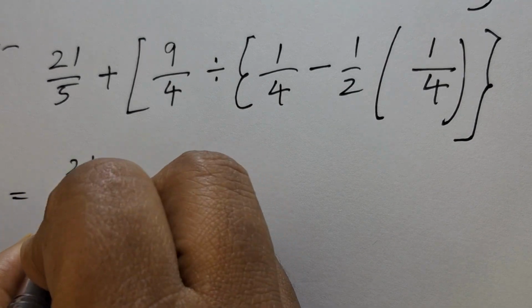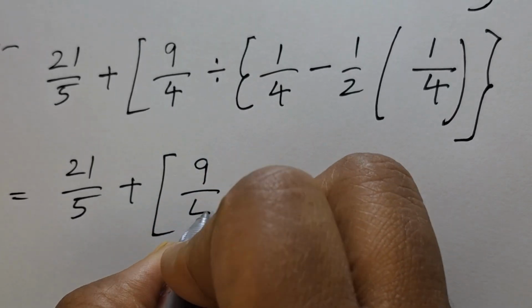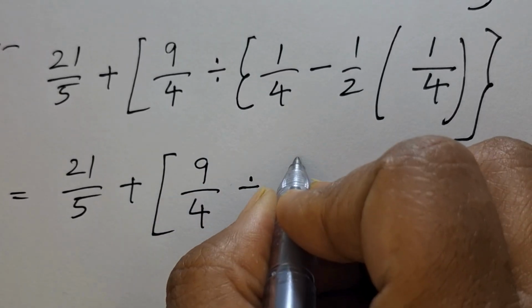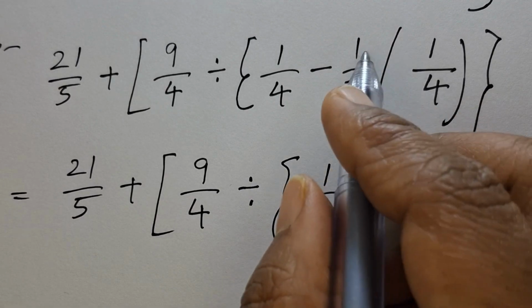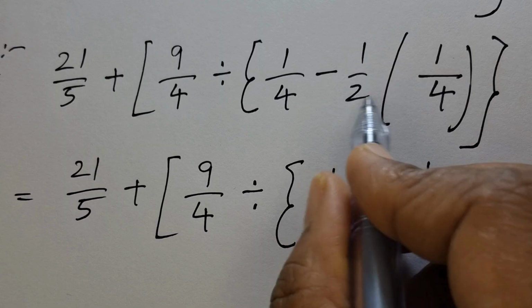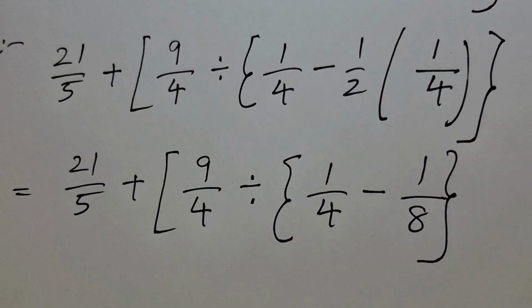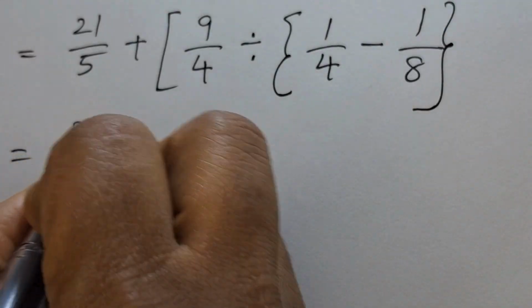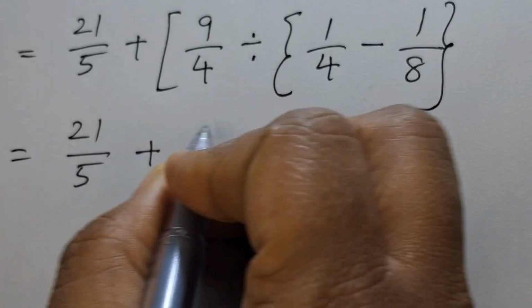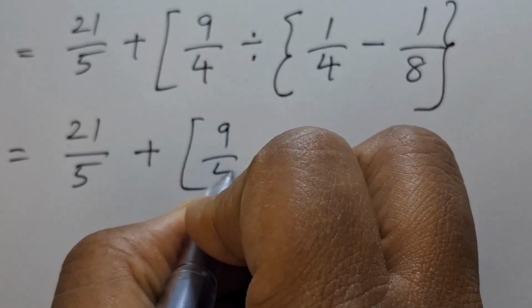So the next step is 21 by 5 plus 9 by 4 divided by 1 by 4 minus 1 by 2 into 1 by 4. So 2 4s are 8. So the next, 21 by 5 plus 9 by 4 divided by 1 by 4 minus 1 by 8.